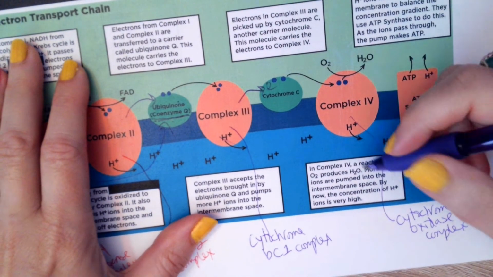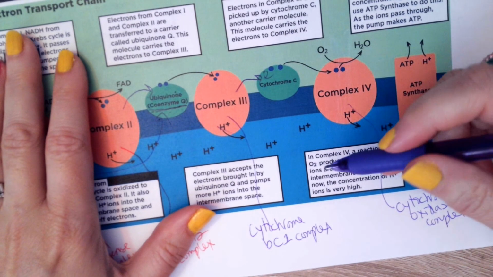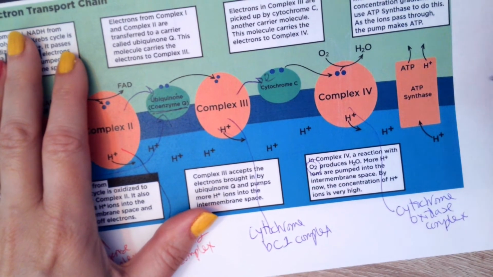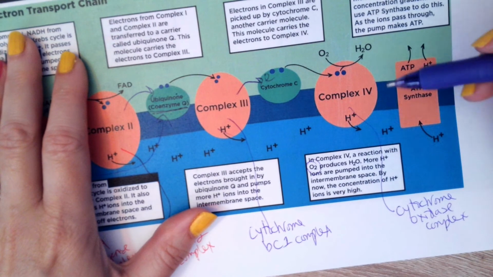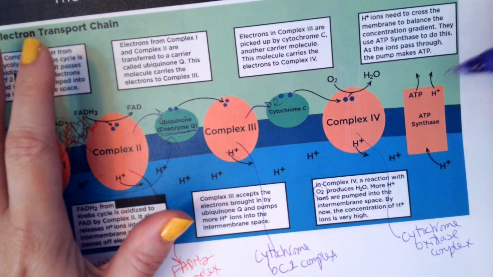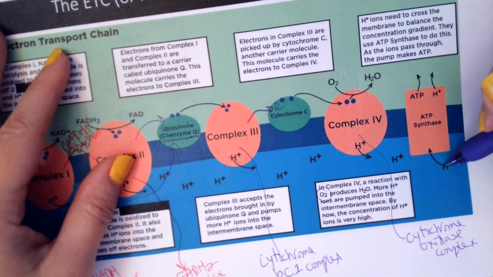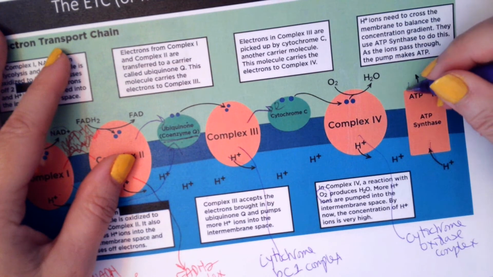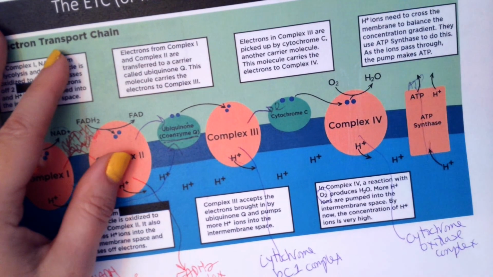This is what is going to give the electrons to the oxygen. Final electron acceptor, even more hydrogen put out into the intermembrane space, which can then move through the ATP synthase, and ATP can move out.